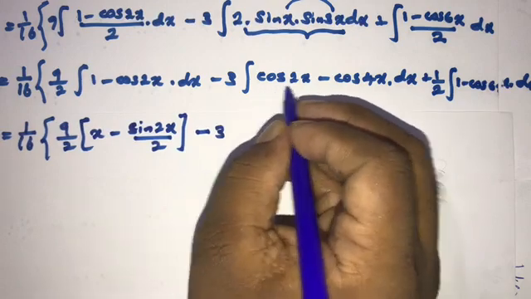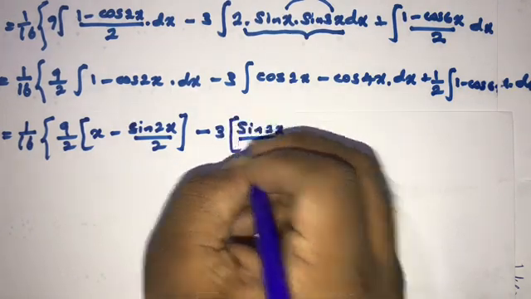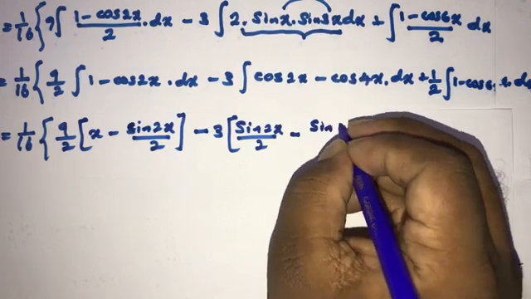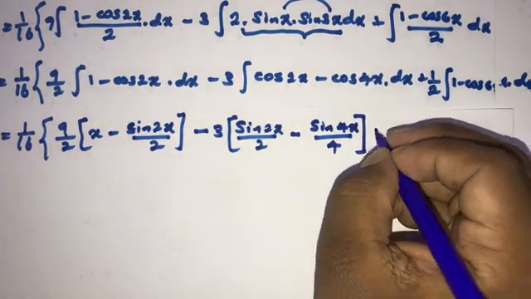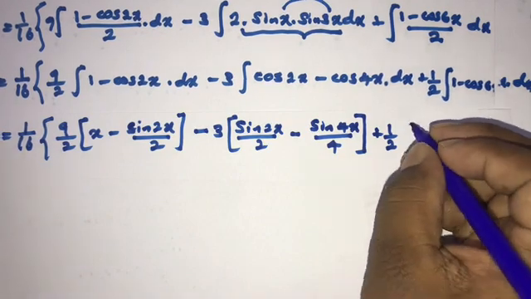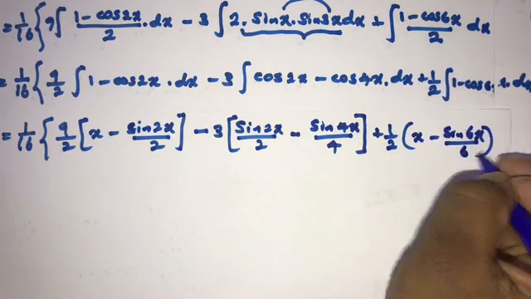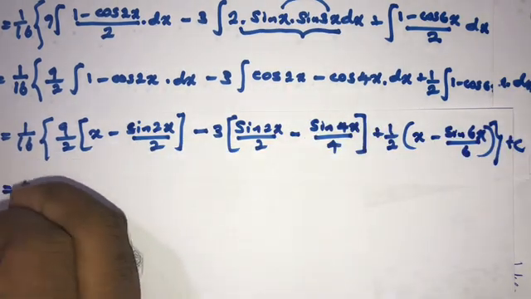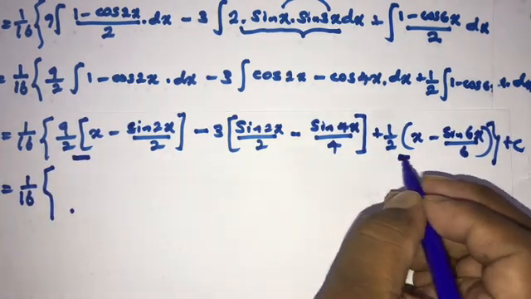Now integrate this term, so sine of 2x over 2, and this term, sine of 4x over 4, and now this term, so x minus sine of 6x over 6, plus c.